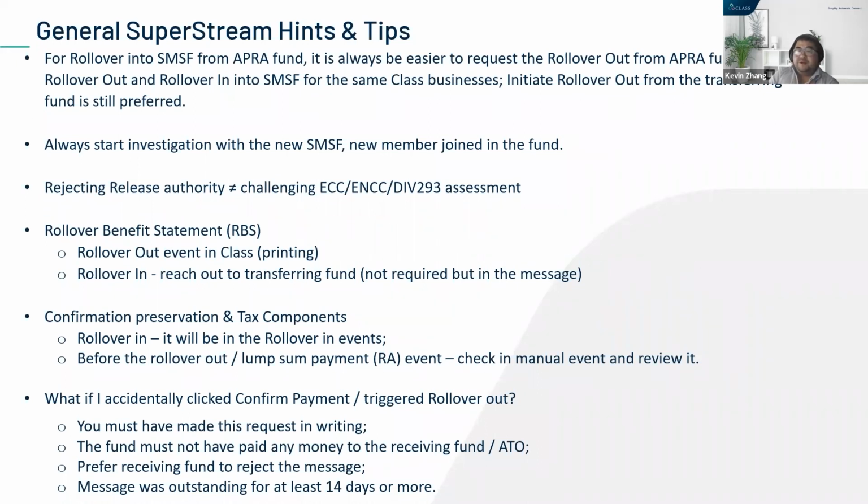And make sure there's no money transferred to the receiving fund or paid to the ATO. If it's rolled to the other funds, we recommend that you ask the receiving fund to reject the message. However, our current rule of thumb is roughly about 14 days. If it's past that, you can make that request, and our operations team can update the status for that message to be rejected.